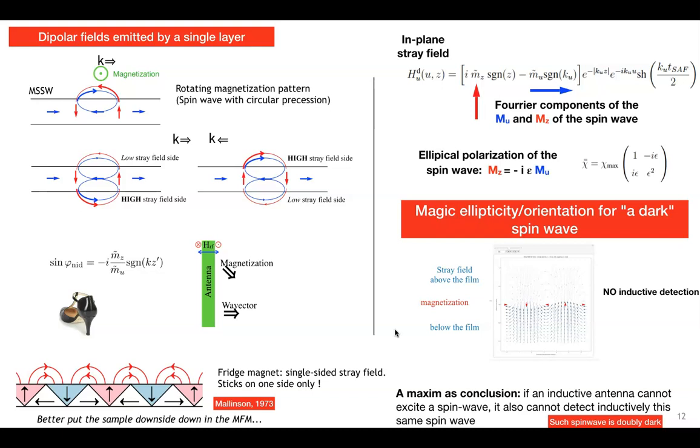And it leads us to the intuitive conclusion that if you have an antenna that cannot excite a spin wave, it can also not detect inductively the spin wave. And this is what happens for this angle, that is the angle for perfect helicity mismatch, or the angle for no inductive detection, which are, in fact, the two same phenomena.